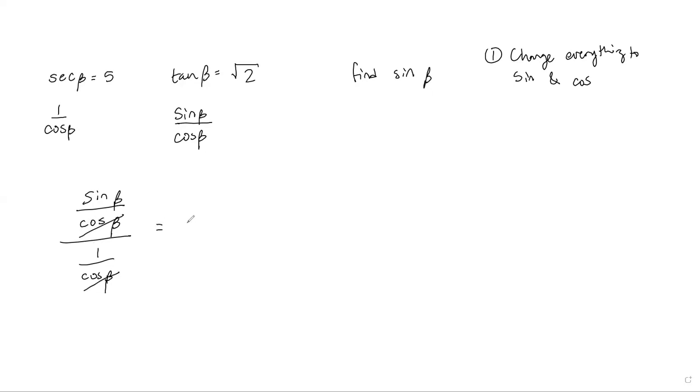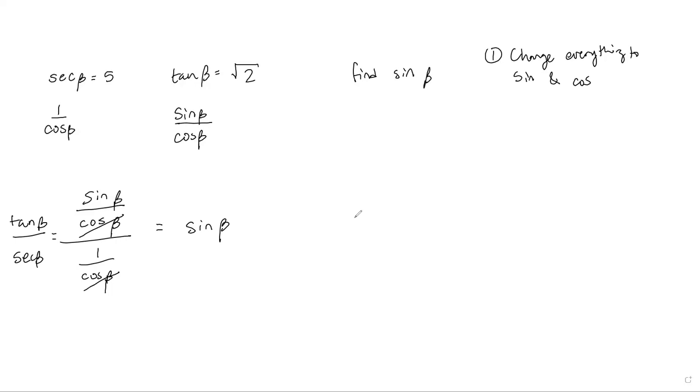And we end up with sine beta. Ta-da! So what this is telling us is we could basically just do tangent of beta divided by secant beta, and that will give us sine beta.